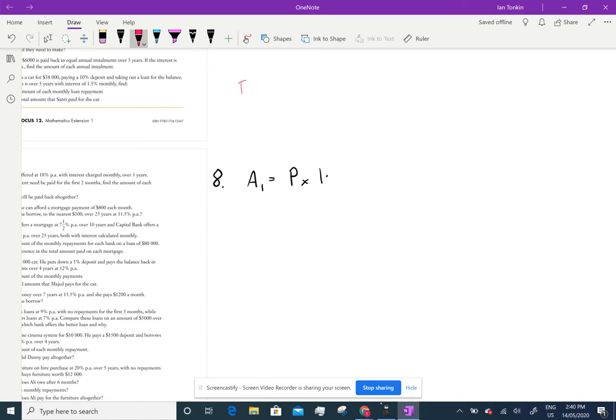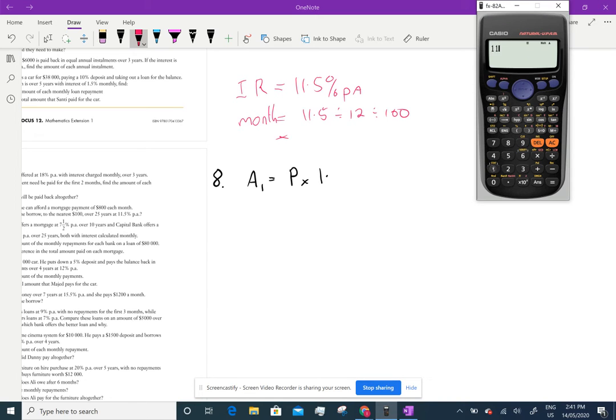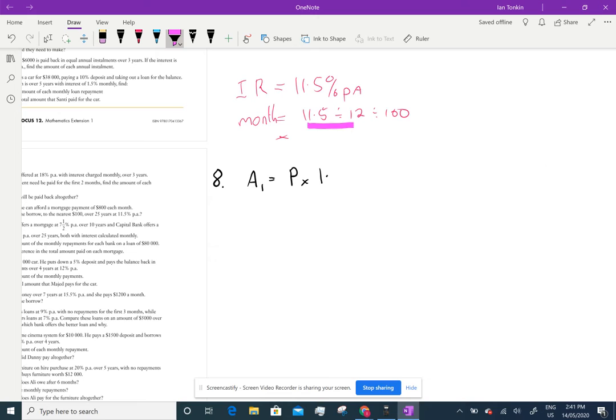The interest rate is 11.5% per annum, which per month is 11.5 divided by 12 divided by 100, which when you do on your calculator is a recurring decimal. So I'm going to leave it as that.